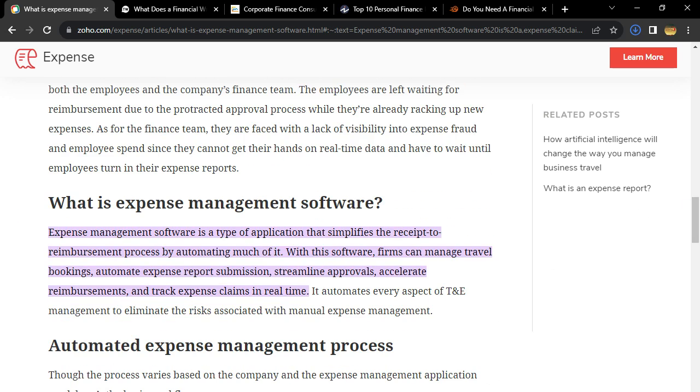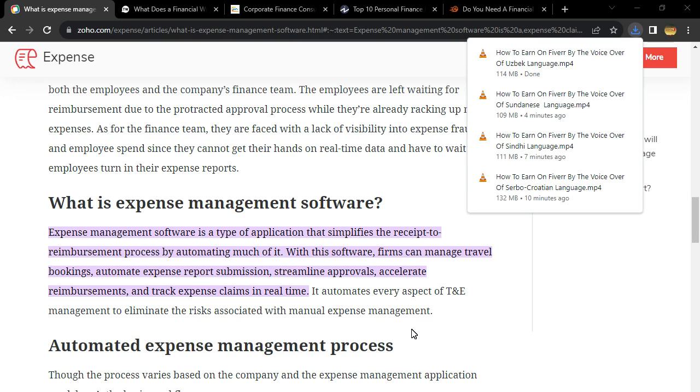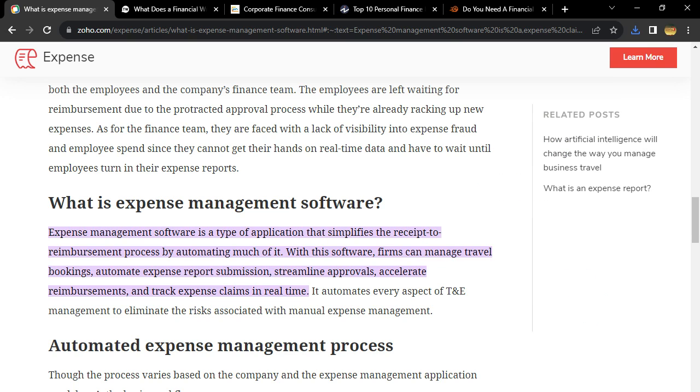What is expense management software? Expense management software is a type of application that simplifies the receipt to reimbursement process by automating much of it.